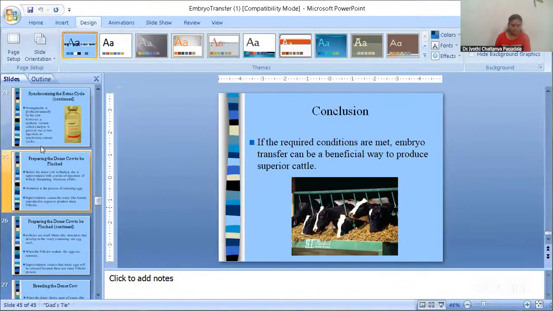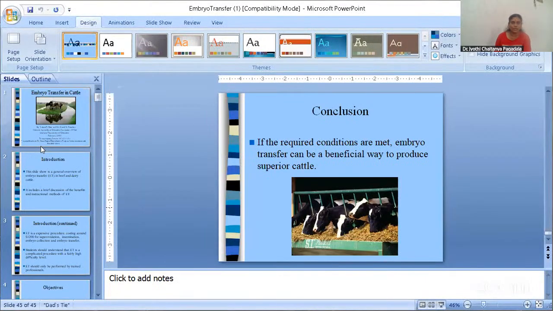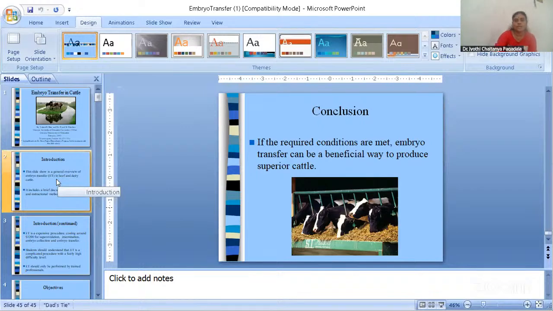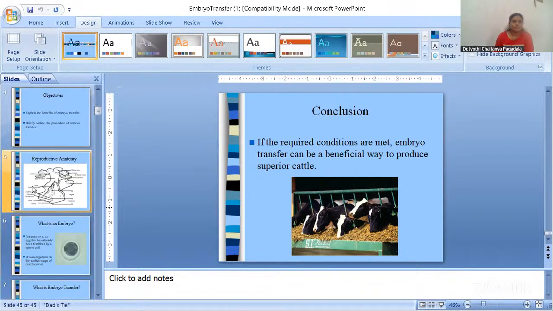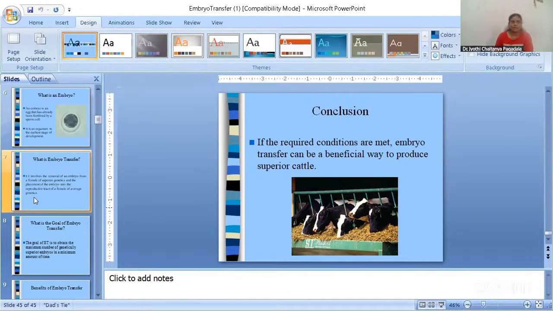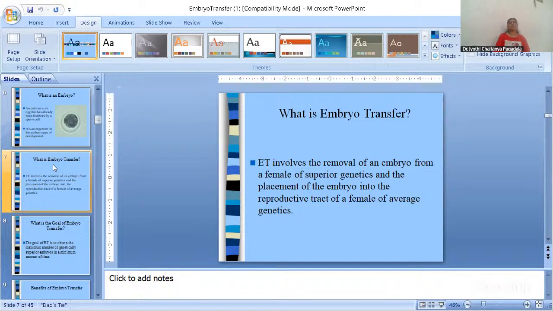Yesterday we discussed the techniques which we use in embryo transfer, like the reproductive anatomy, what an embryo is, and what embryo transfer is.